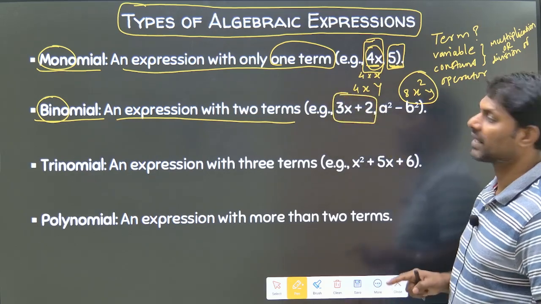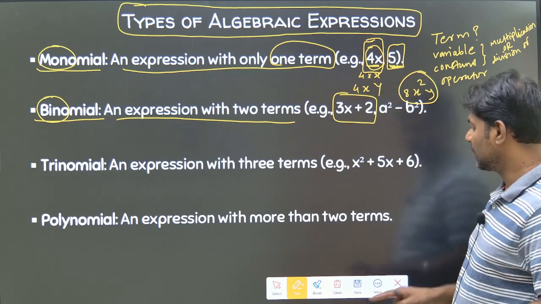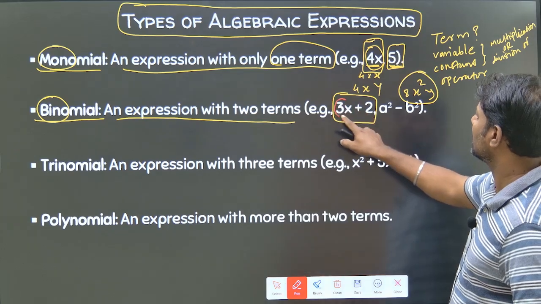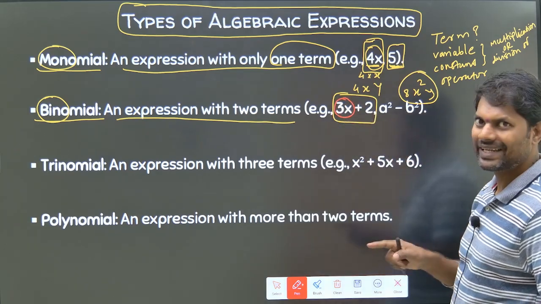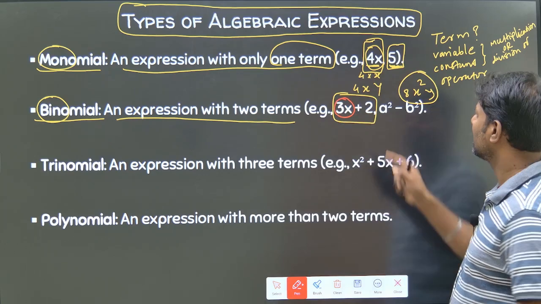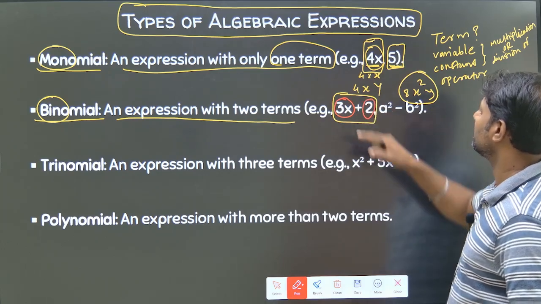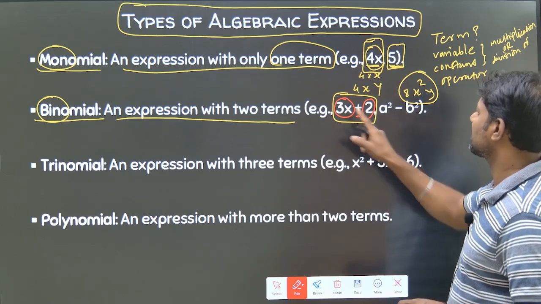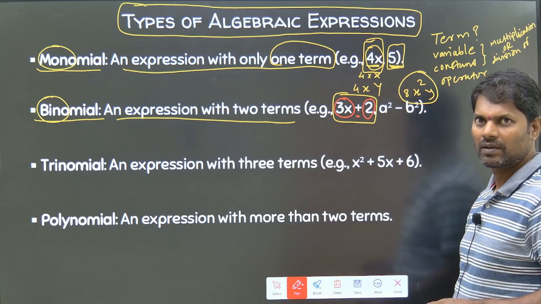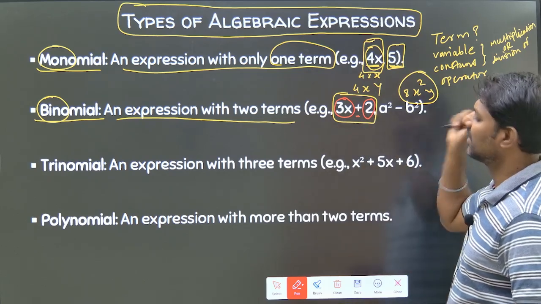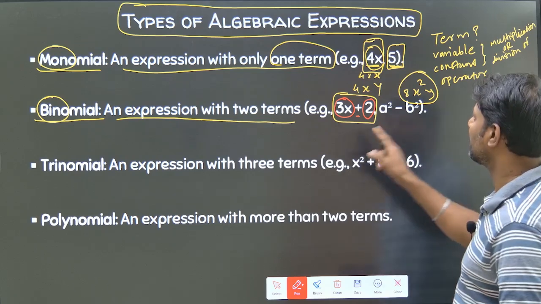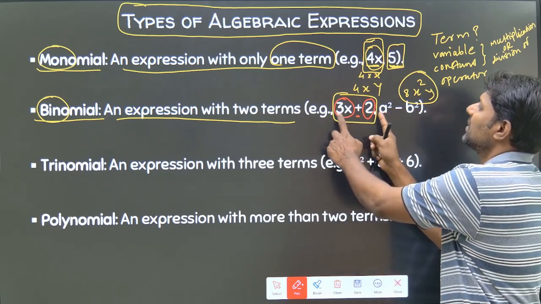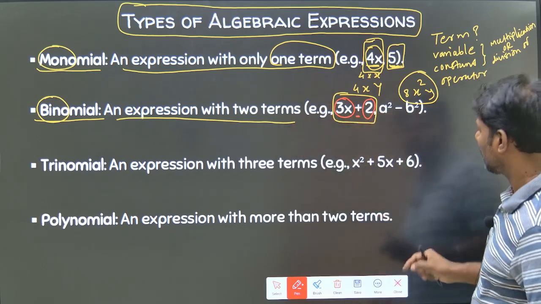This is a binomial, which contains two terms. This is one term, 3 into x is one term, 2 is another term. These two terms are added by using the plus symbol. So this is a binomial expression.